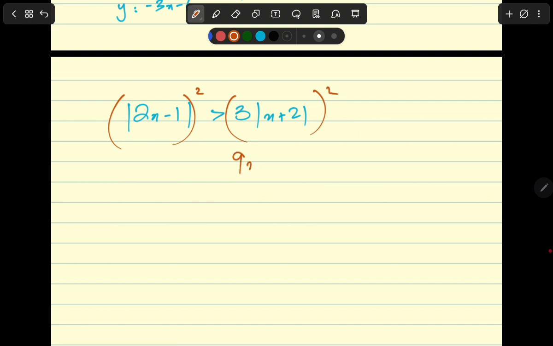So this gives me 9x squared minus 4x squared, which is 5x squared, and then 12x minus 4x is 8x.